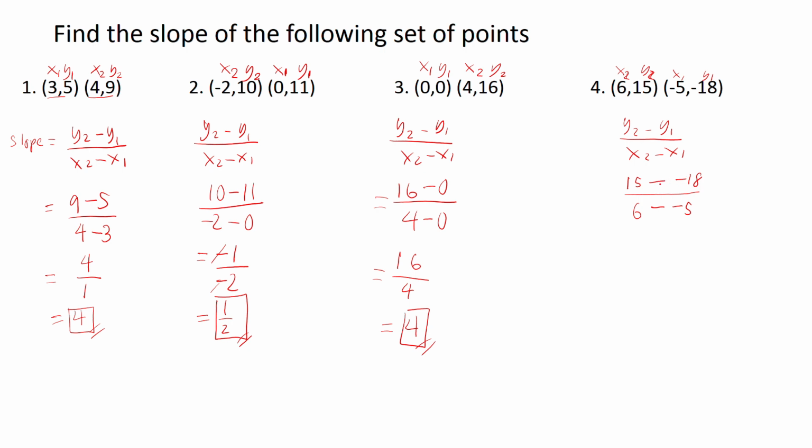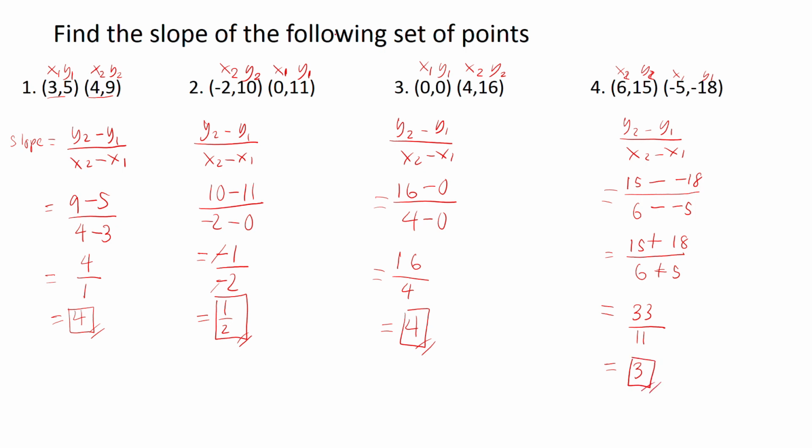When you see two consecutive negative signs, we can immediately rewrite this as 15 plus 18 all over 6 plus 5. The two negative signs become plus, or addition. Now, what is 15 plus 18? That is 33, over 6 plus 5, which is 11. So what's our final answer? 33 over 11 is actually 3. And that is our slope.